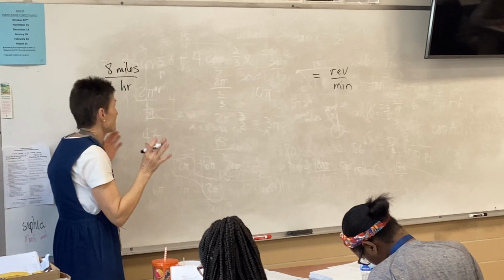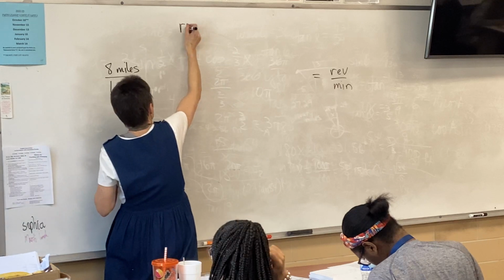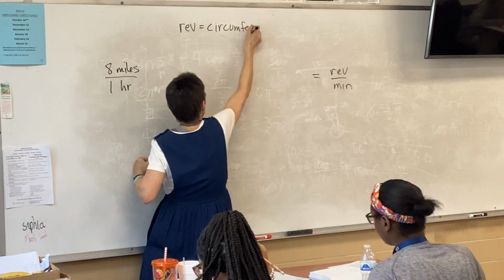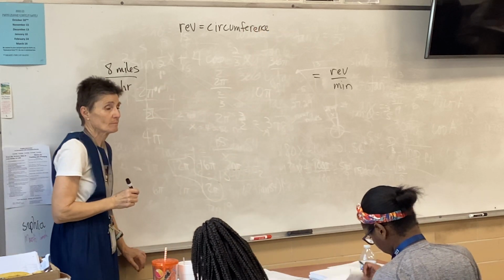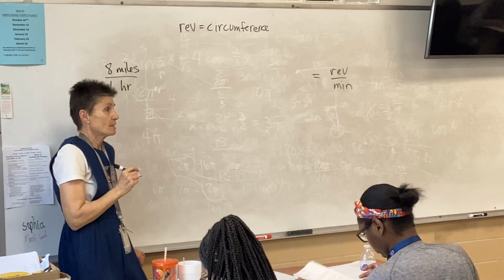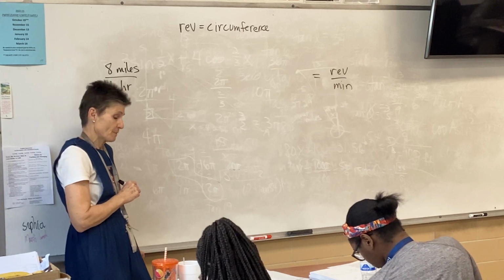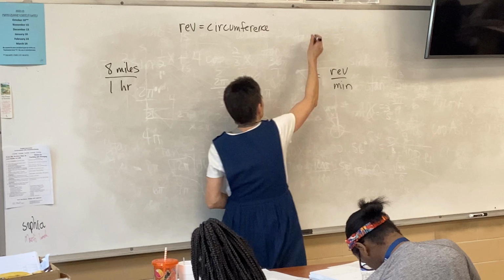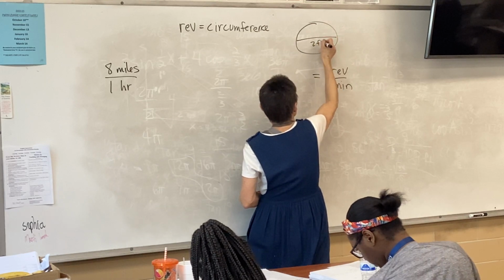And always the key to these problems is remembering that a revolution is a circumference. A revolution is once around, right? And that's a circumference. So if the diameter of the wheel is 24 inches, I'm just gonna make that feet right now. So the diameter is 2 feet.